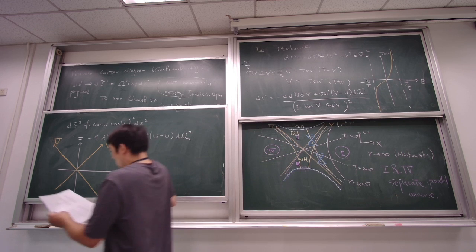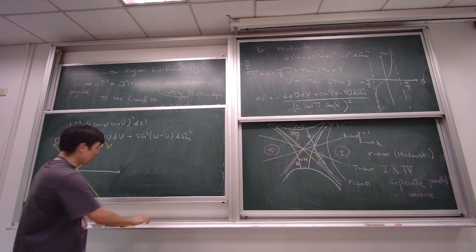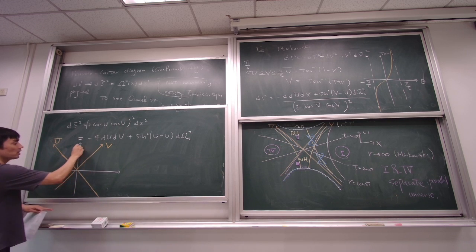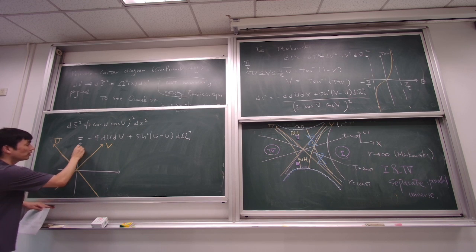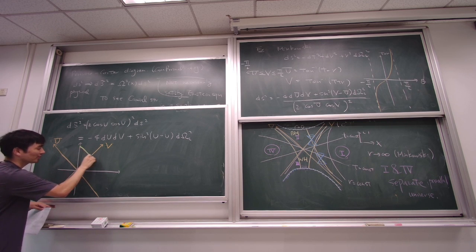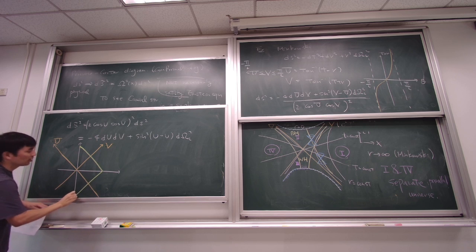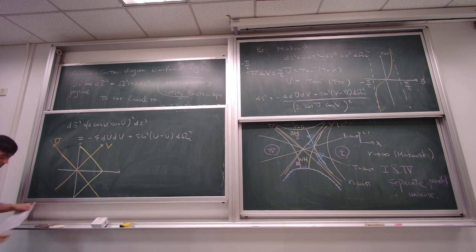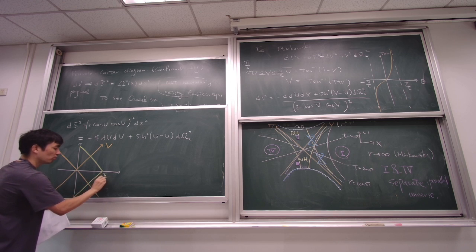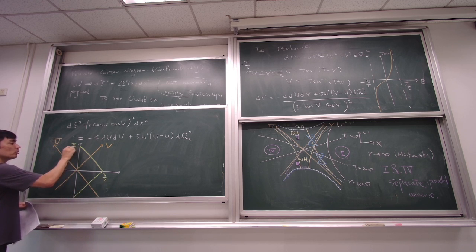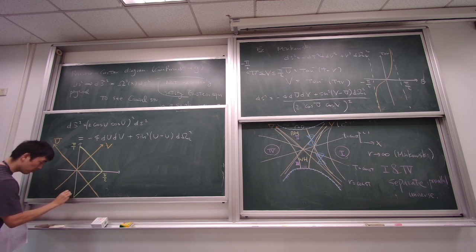Like this, and then the causal structure is everything repackaged in the pi over 2 region. So minus infinity, this is pi over 2, this is pi over 2, and this is minus pi over 2.